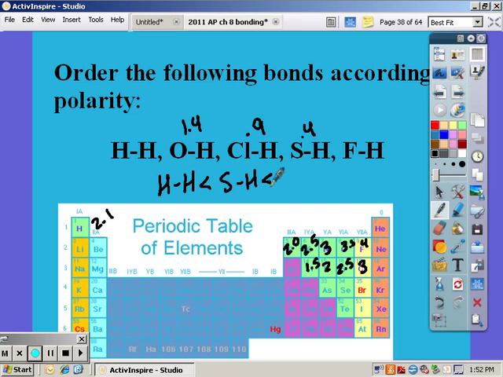So sulfur, hydrogen, and then chlorine, hydrogen, then oxygen, hydrogen, and then fluorine, hydrogen. And since all these had hydrogen, you also could ignore the hydrogen and just rank them in order of electronegativity.